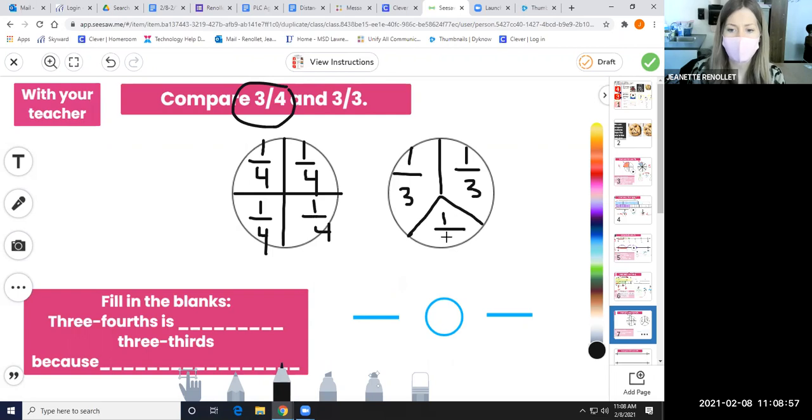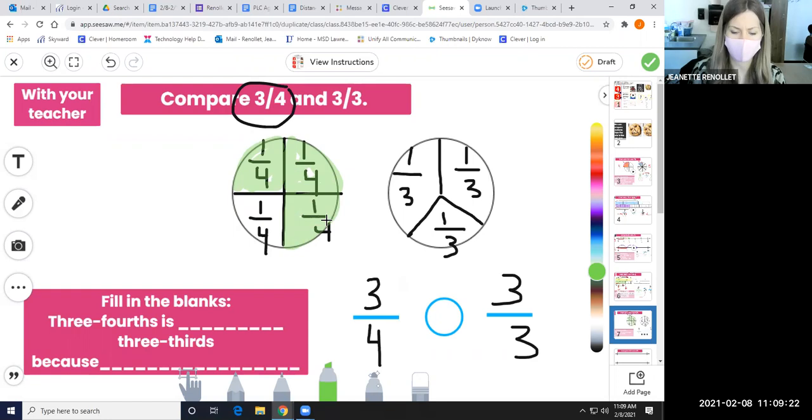Right now, you're checking yourself. Did you do this correctly? Then you should have shaded to represent. So on the left, 1/4, 2/4, and 3/4, or 3 1/4.